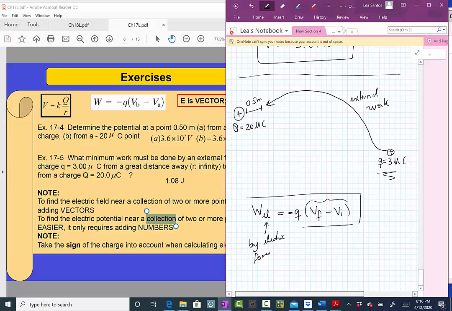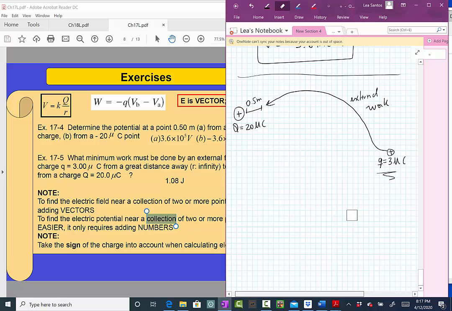Okay, so this is work done by the electric force in this natural tendency of the particle, which is to lose potential energy. What we are doing in this problem is not that. We don't have work done by the electric force to decrease the potential energy.